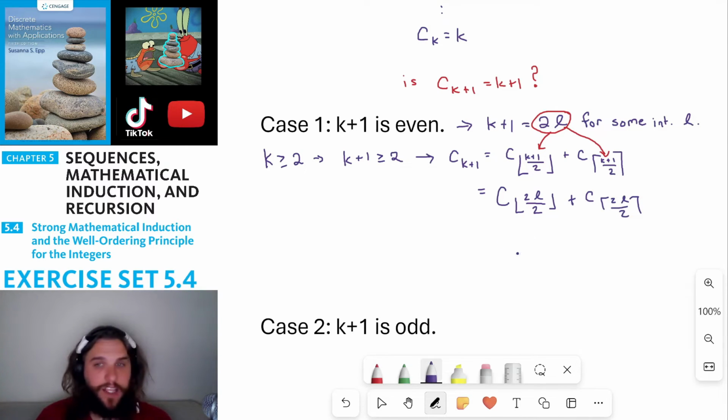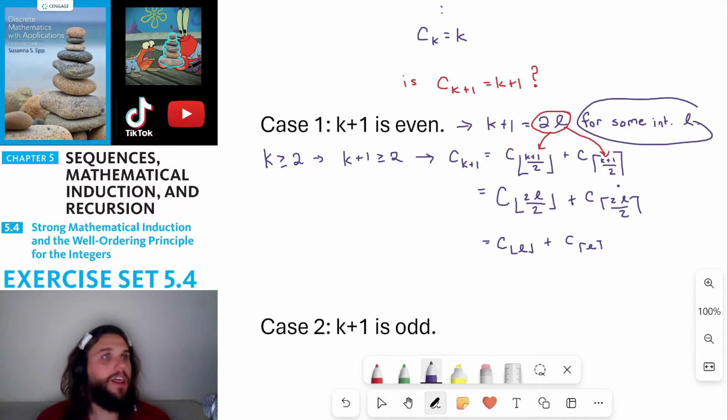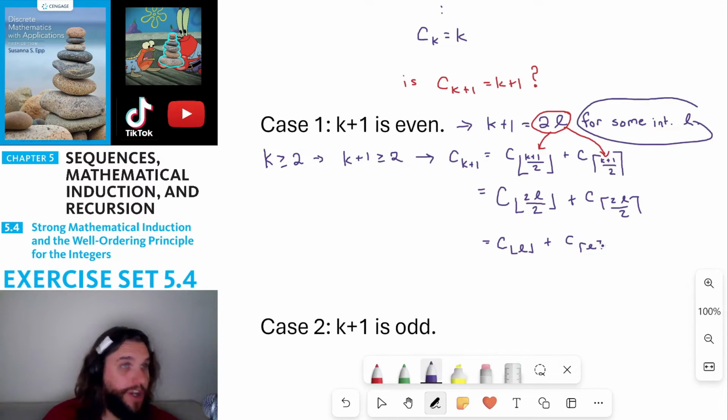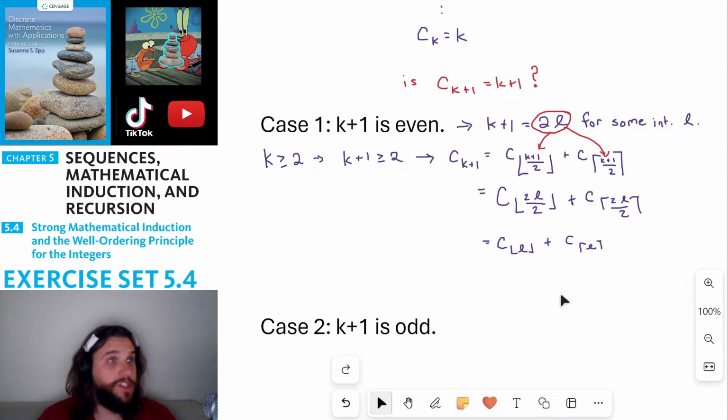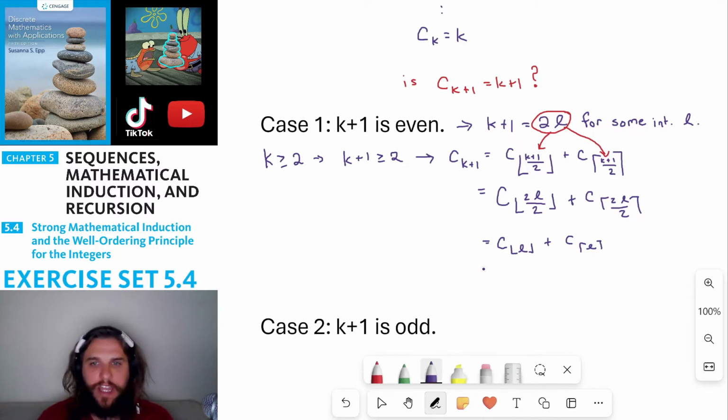The 2's cancel, so this equals c sub the floor of l plus c sub the ceiling of l. But keep in mind, by the definition of an even integer, l is an integer, which means that if you take the floor of an integer or the ceiling of an integer, you just get that integer.